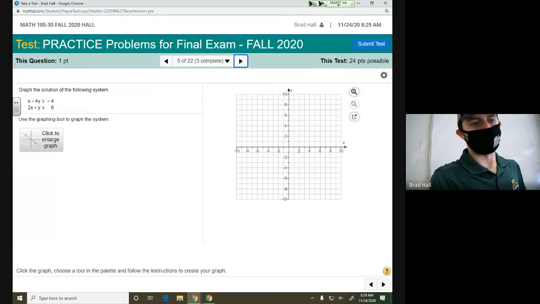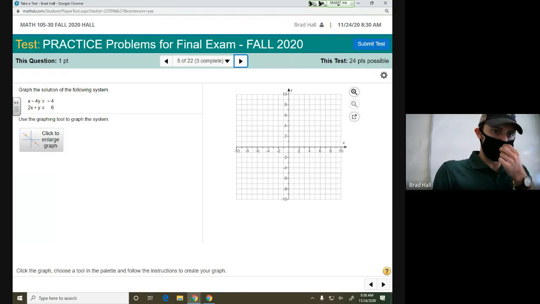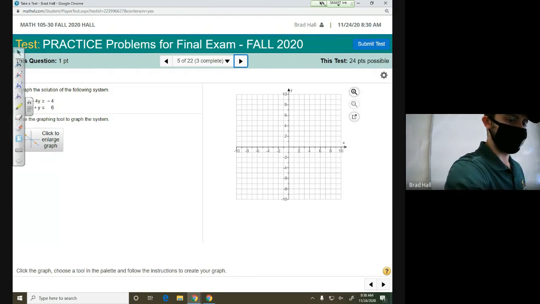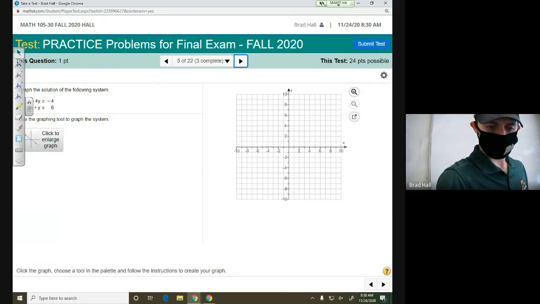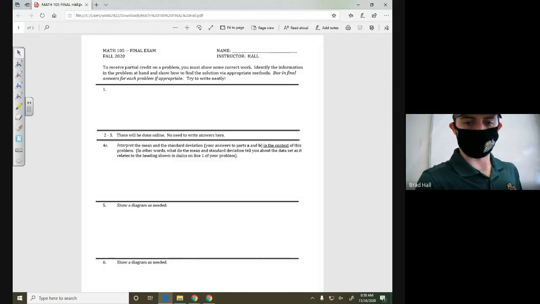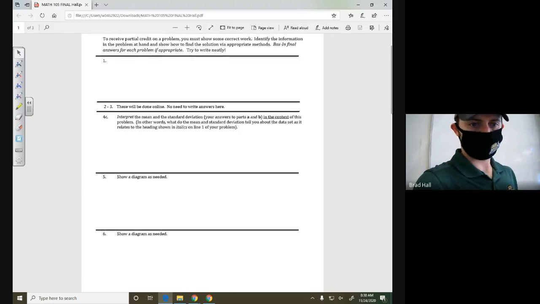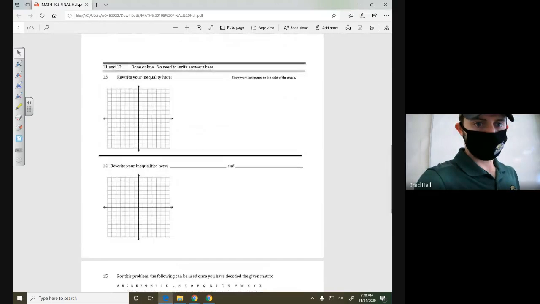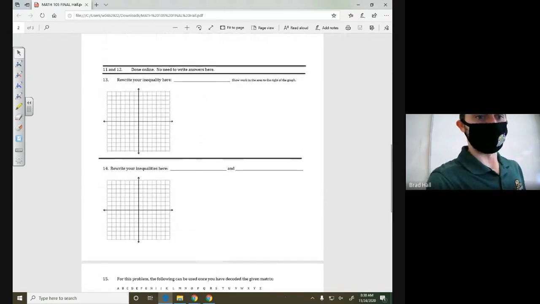And so we're going to go ahead and graph the solution for this. As you already noticed on your test, which I did download, to kind of detour real fast, they do give you a graph.